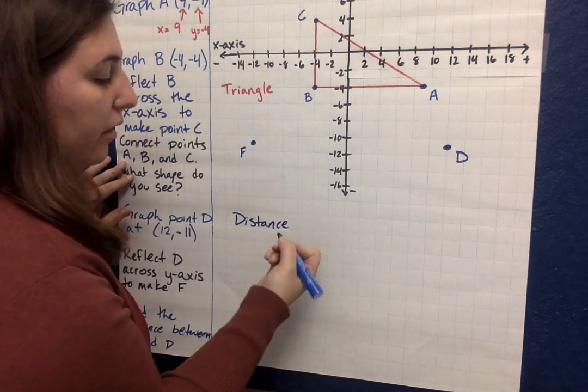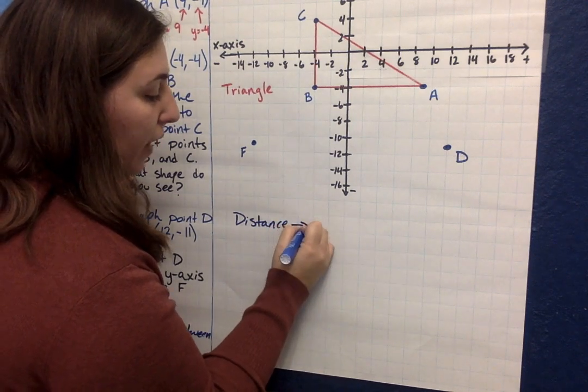Distance can be another way to describe absolute value.